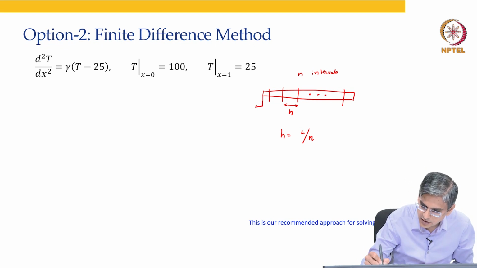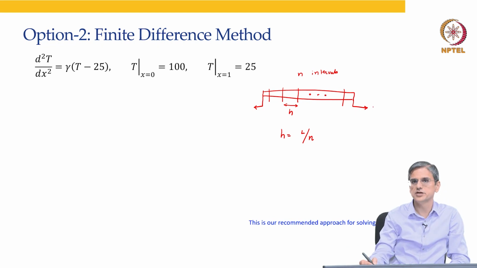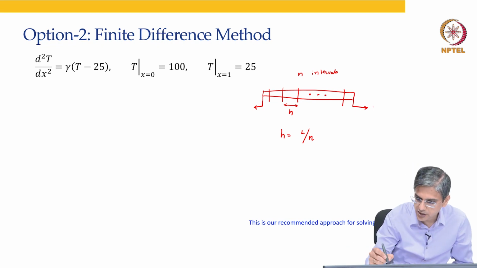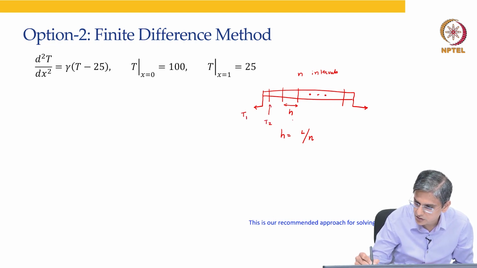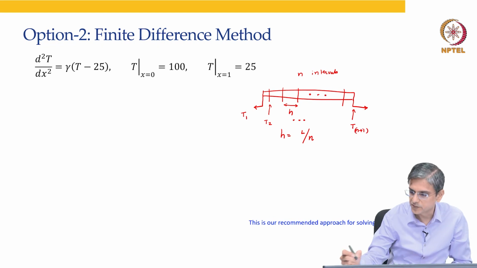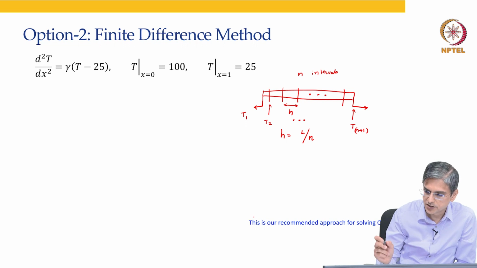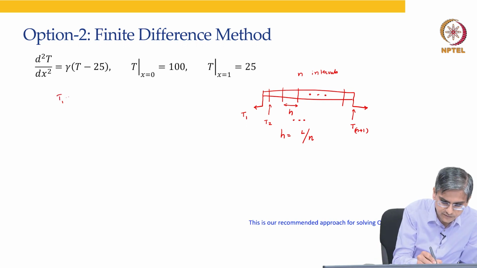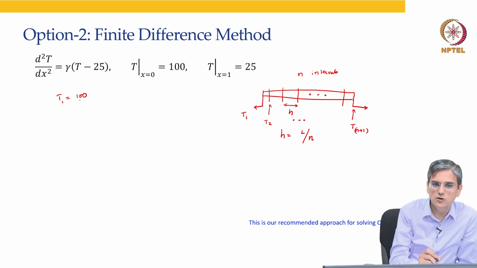At this point there is a boundary condition, and at this point also there is going to be a boundary condition that will be used. We will start off with T1, this will be T2, and this will go on up to T n plus 1. Okay. So, that is what is going to happen. Now, T1 is 100. Okay. What about T2?